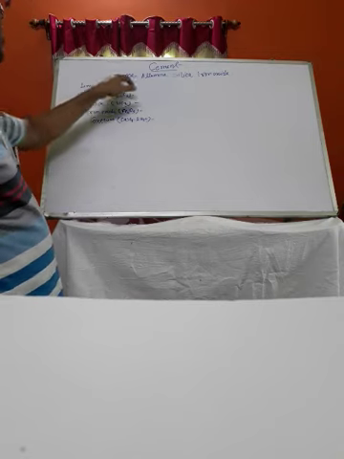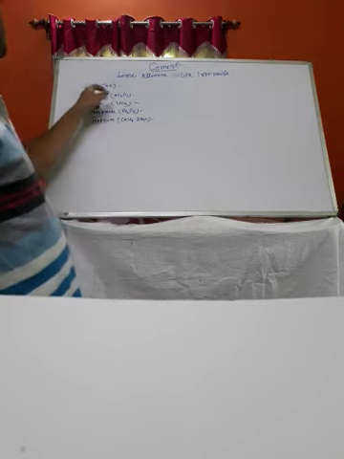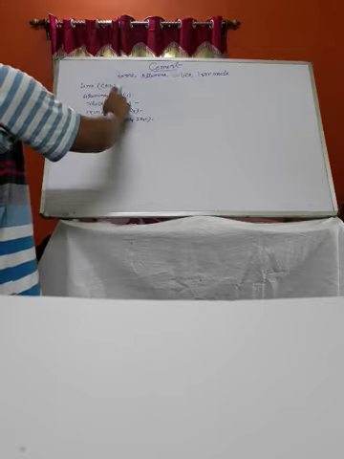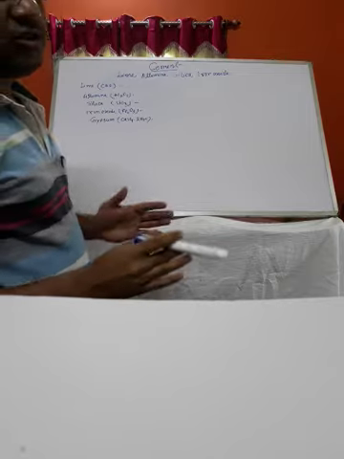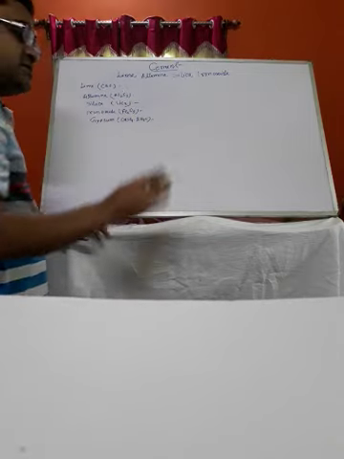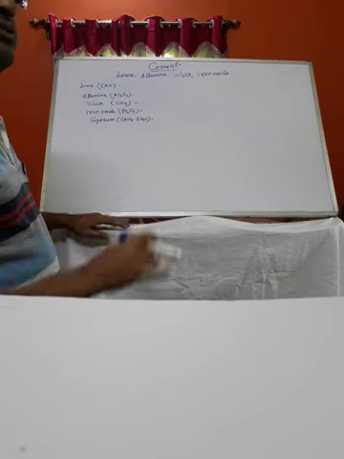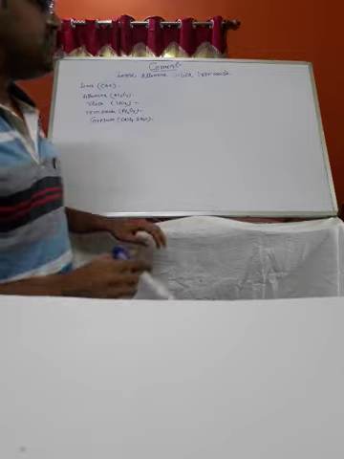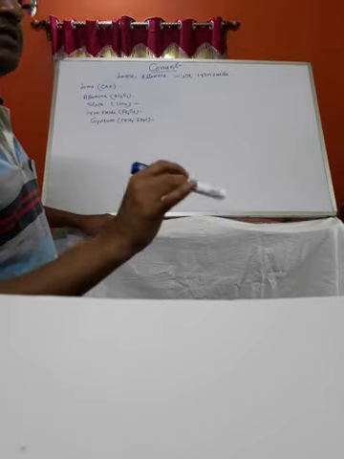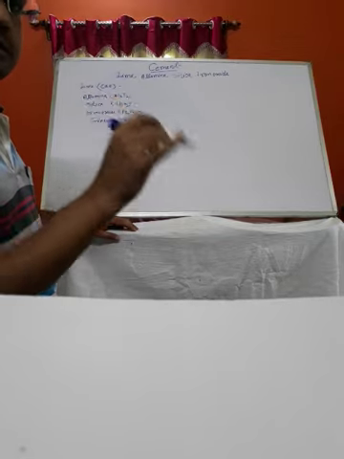Now the functions of these ingredients of cement. What is the function? Now, lime's function: lime determines the strength of cement. If excess lime is used in the manufacture of cement, then less strength cement is produced, which results in cracks during setting.